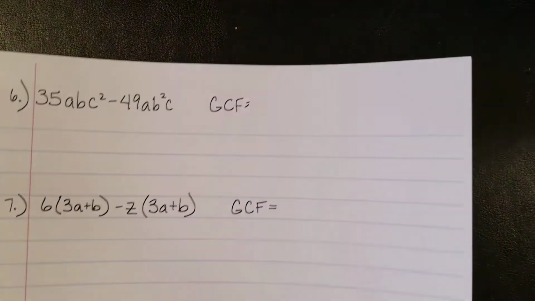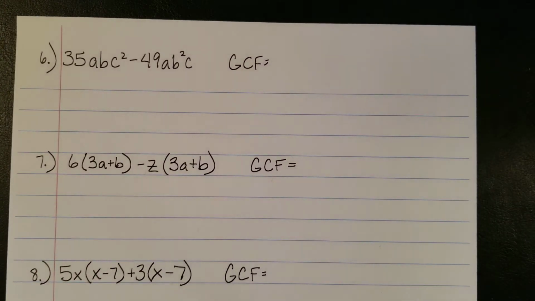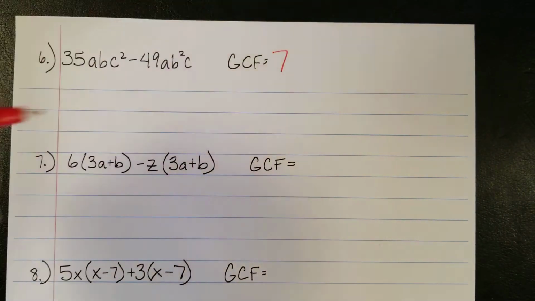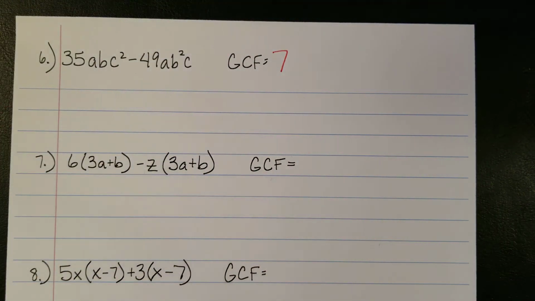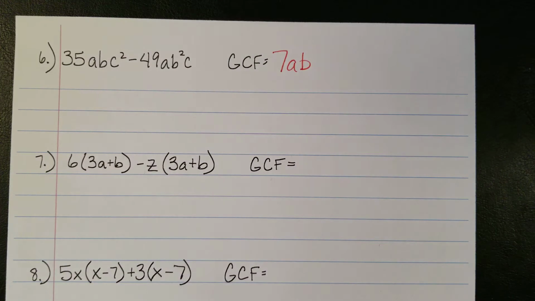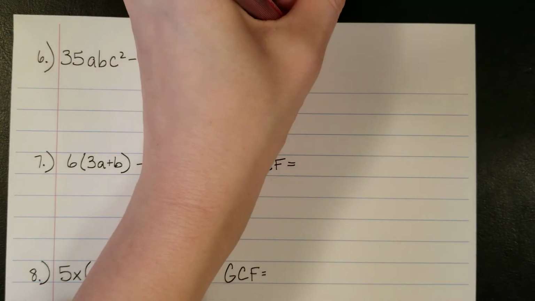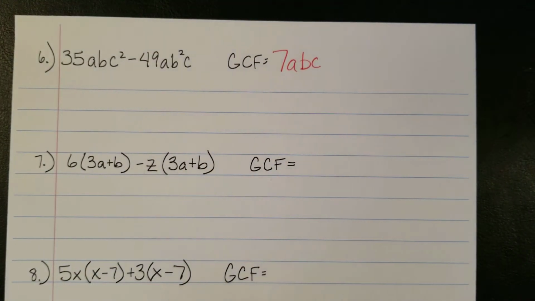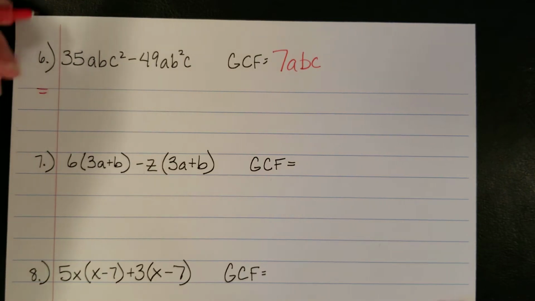Alrighty. Number 6, the GCF would be 7, and then they each have an a. They each have at least one b, and they each have at least one c. So 7abc is the GCF.